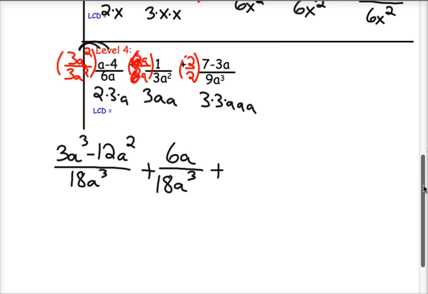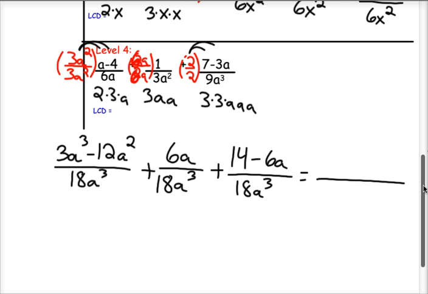And now, this last one, again, I'm going to distribute that. So 14 minus 6a. Then 2 times 9a cubed gives us the 18a cubed that we know we should be getting. And from here, now we have to, unfortunately, simplify all of this.